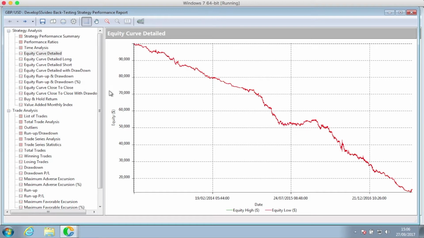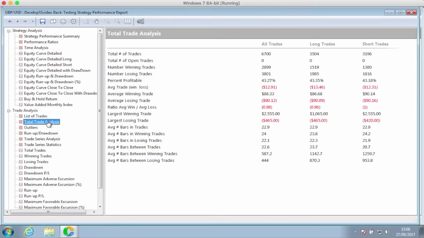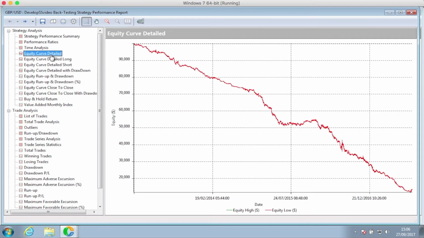If we go into the total trade analysis again, you can see that whereas before we had an average trade of $6.95, now with the costs we've got an average trade of minus $12.91. Go back to that equity curve just to show how real the impact of this small amount of costs can be on this sort of trading strategy.